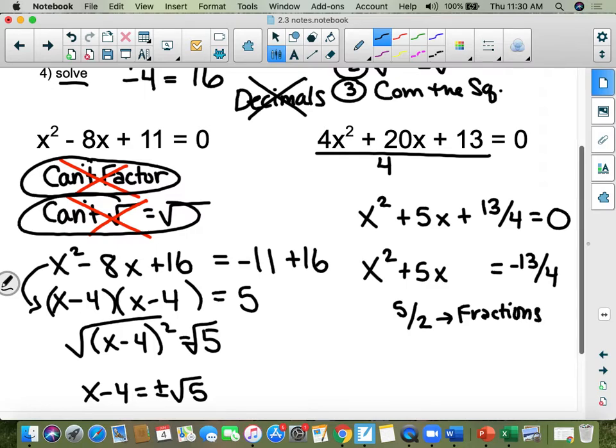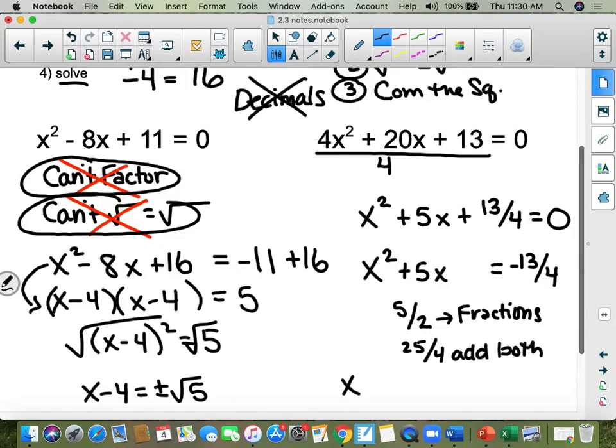I cannot say 2.5. You will get it marked wrong on the test if you tell me that it's 2.5. Completing the square is done using fractions. Half of 5 is 5 halves. After I figure out what half of 5 is, I have to square this number. 5 times 5 is 25. 2 times 2 is 4. This is what I add to both sides.